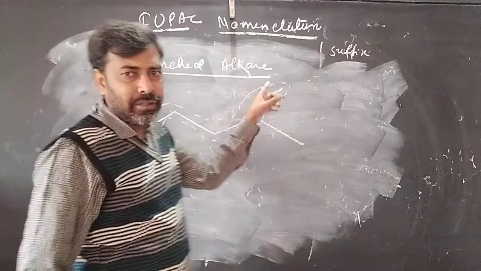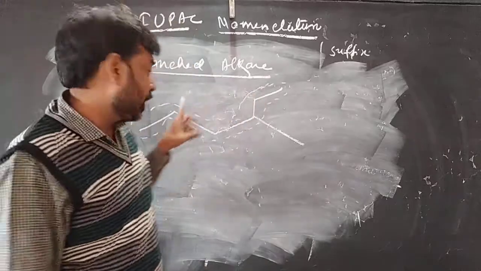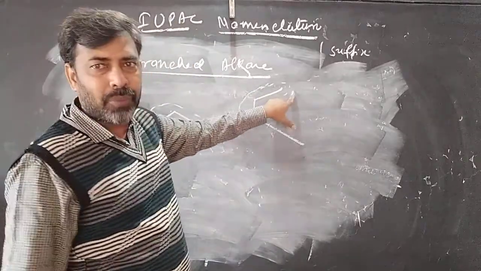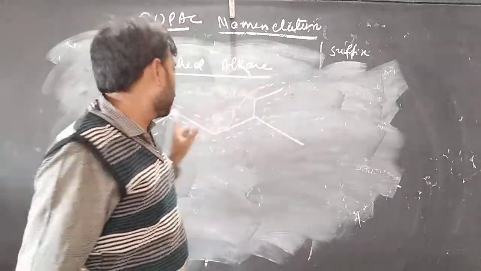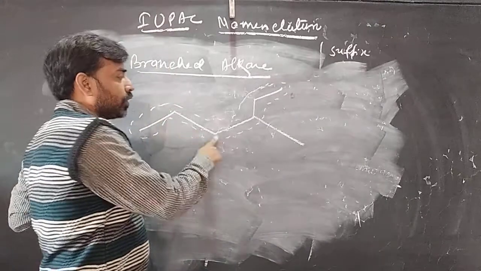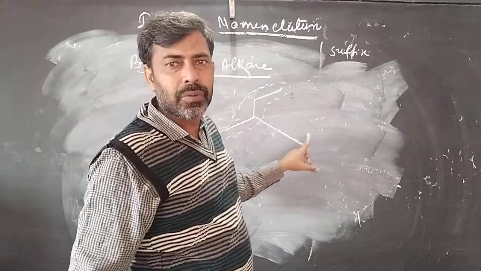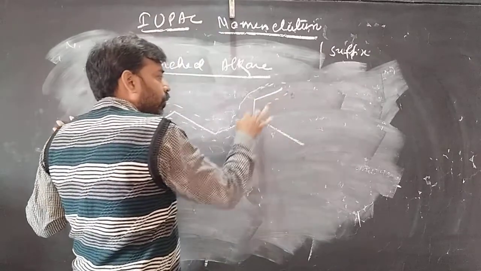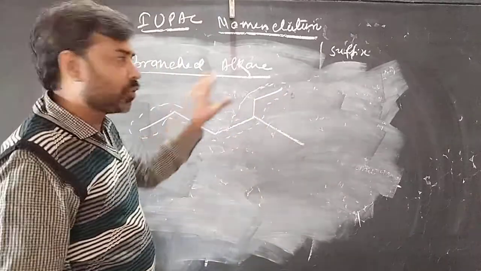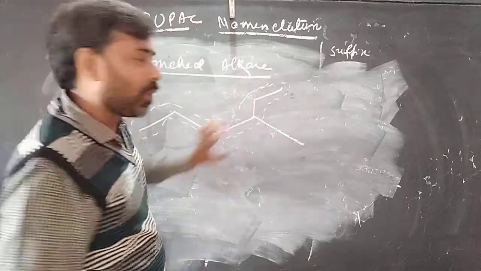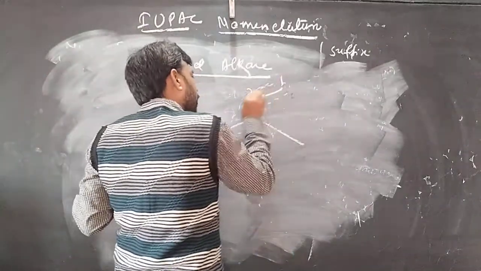And in this main chain we will number, either we can start from here or from here. From which side will we start? From this side 1 2 3 4, on the 4th position there is a methyl group, and from this side 1 2 3, on the 3rd position. So surely the least count is coming from this side.